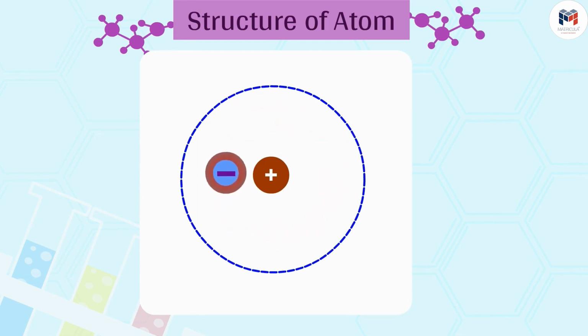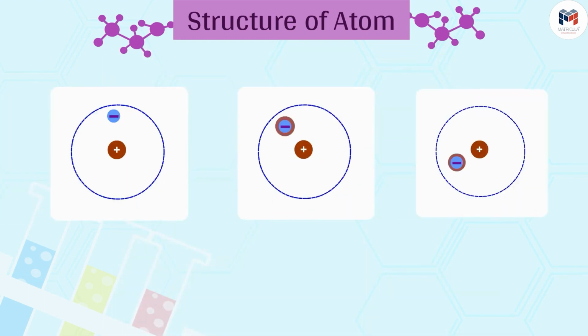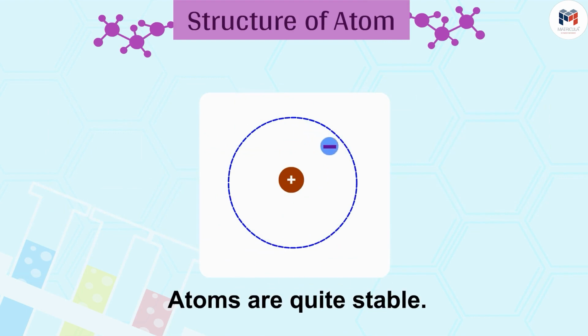Thus, the revolving electron would lose energy and finally fall into the nucleus. And if this were so, the atom should be highly unstable, and hence matter would not exist in the form that we know. We know that atoms are quite stable.